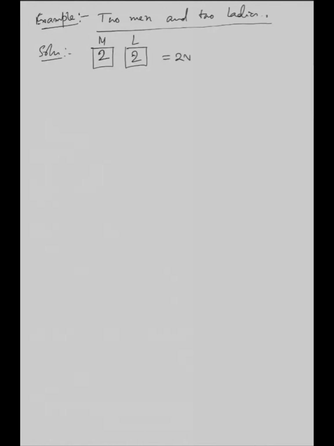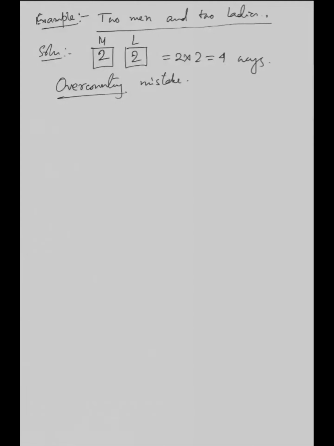So the obvious answer should be 2 cross 2, that is 4 ways. This should be the answer, 4 ways, but this is actually a typical overcounting mistake.